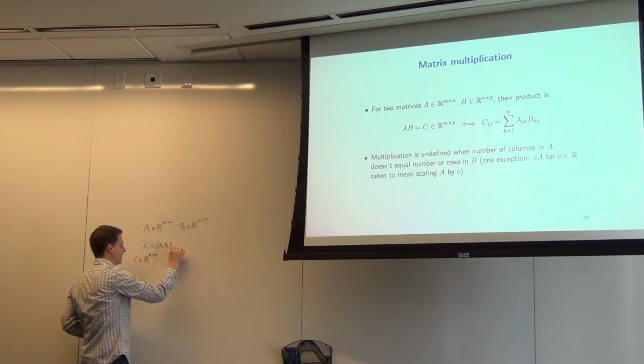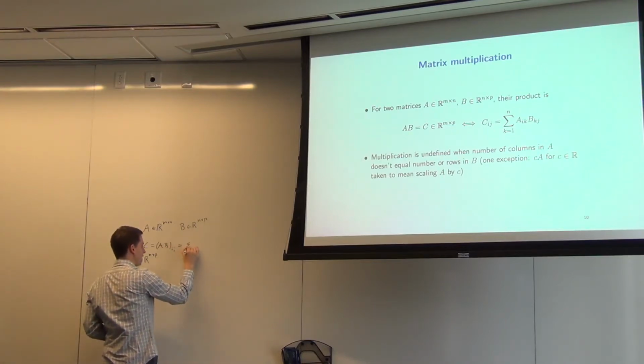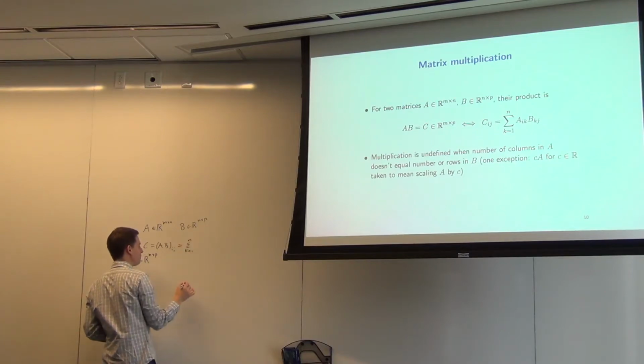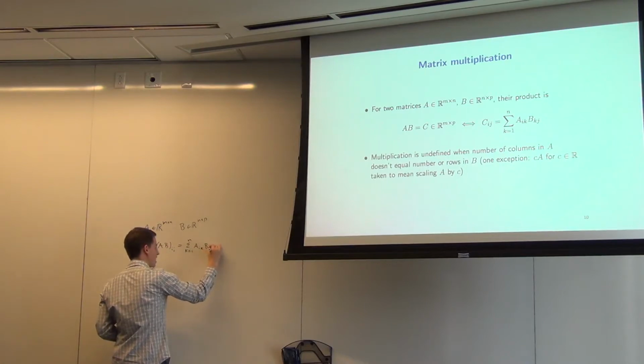The ij element of C is equal to the sum from k equals 1 to n of a_ik times b_kj.